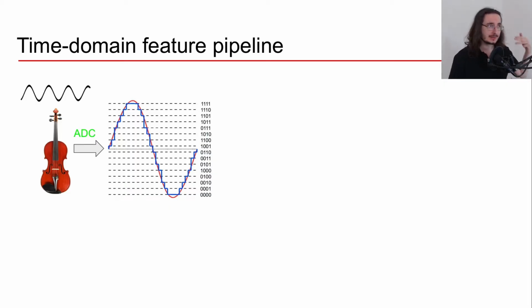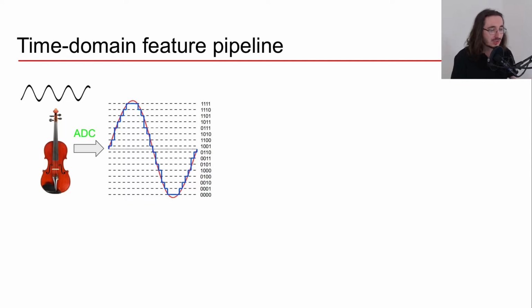In other words, we need to sample and quantize the analog sound so that we get a digital signal. Okay, so if you are not familiar with this process, I suggest you check out my previous video in this series that covers this quite in detail. You should have it over here.